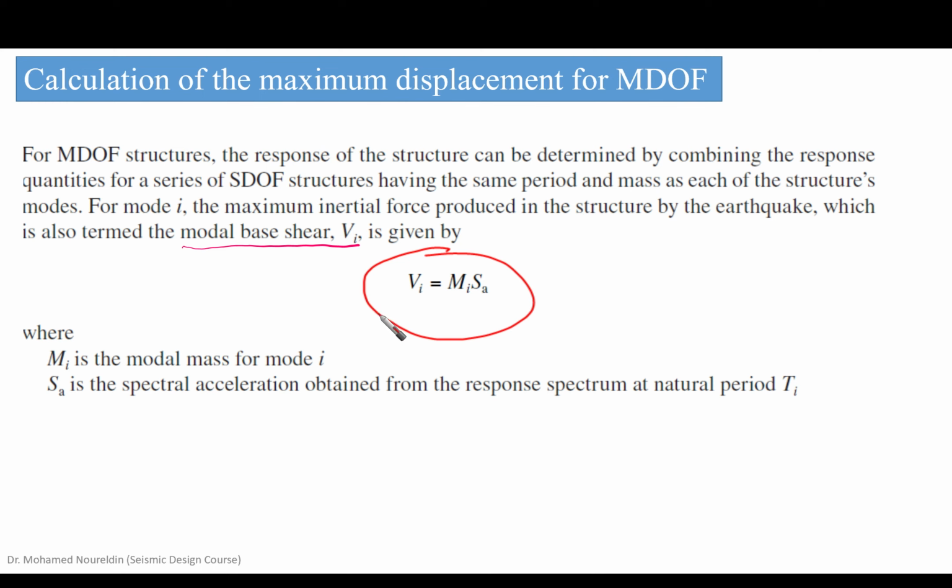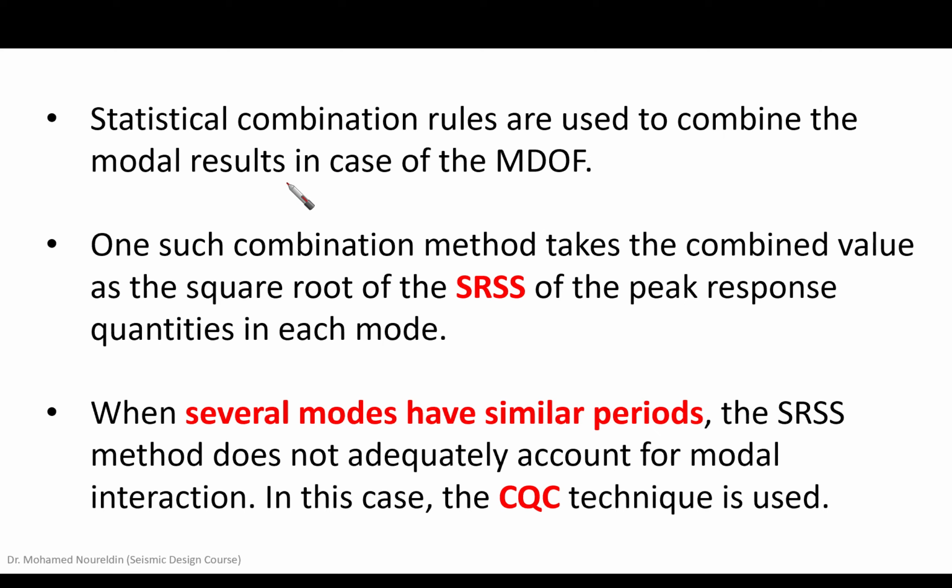So in case of a multi-degree of freedom system, statistical combination rules are used to combine the modal results. As long as we have modal results, this means that we need to have some statistical combination, a representative rule for them in case of the MDOF. One such combination, which is a very famous method, takes the combined value of the square root of the squares.